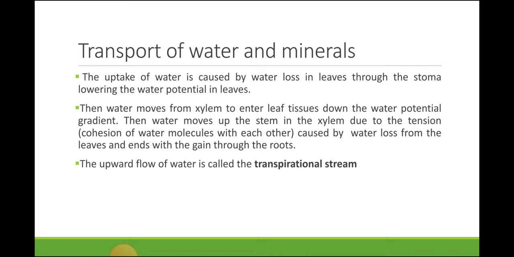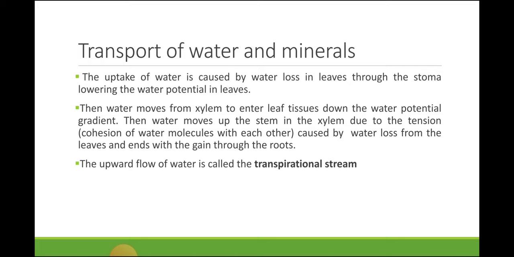So water that is inside the roots will be able to move up, and it moves up due to tension force. And this tension is the cohesion of water molecules with each other caused by the loss of water from the leaves, and ends with the gain through the roots. The upward flow of water is called the transpirational stream.